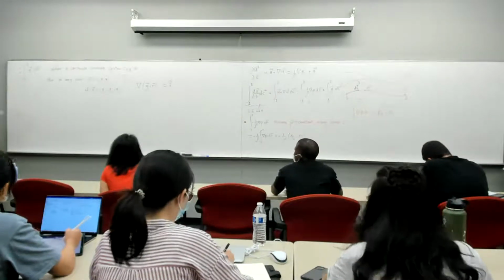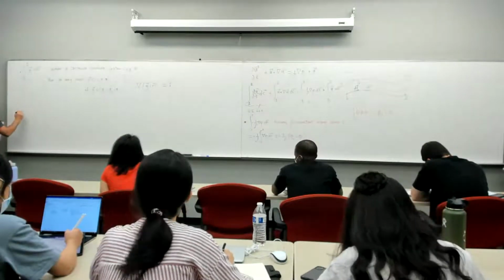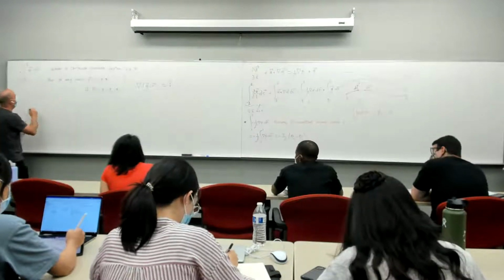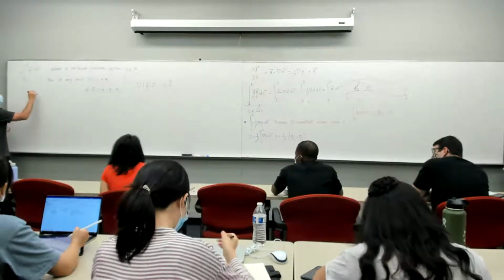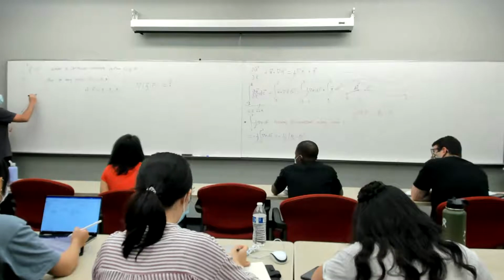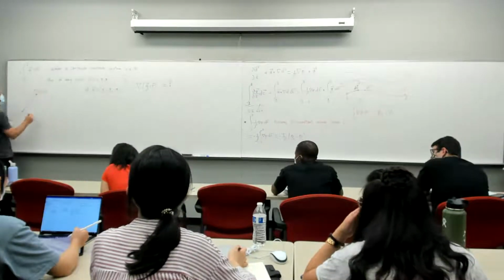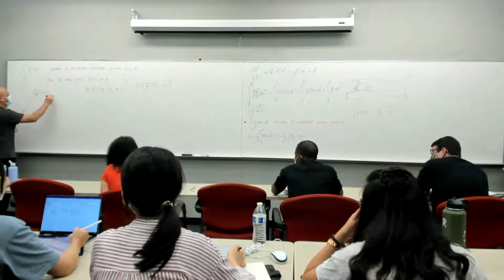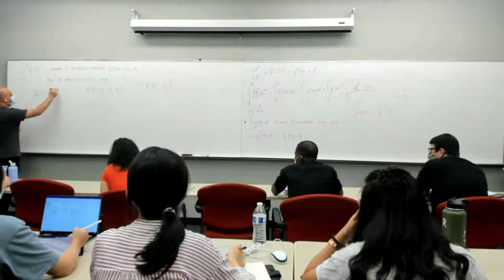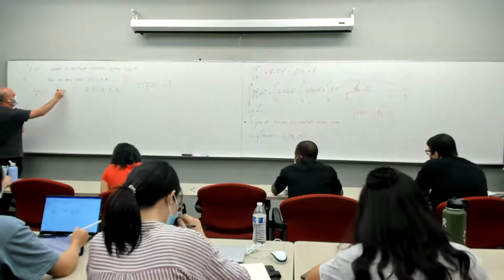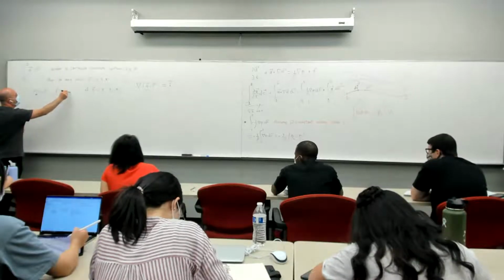In other words, at any point R, so this is point R, x, y, z, and there's a gravitational acceleration g, gx, gy, gz.